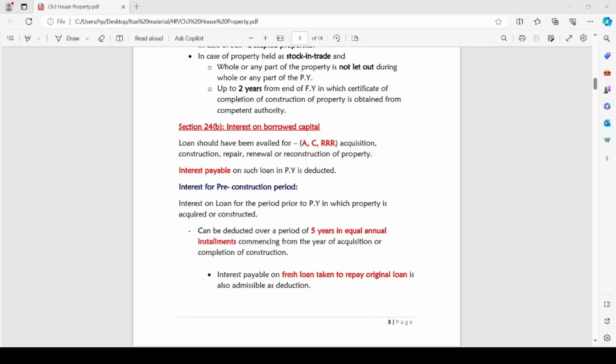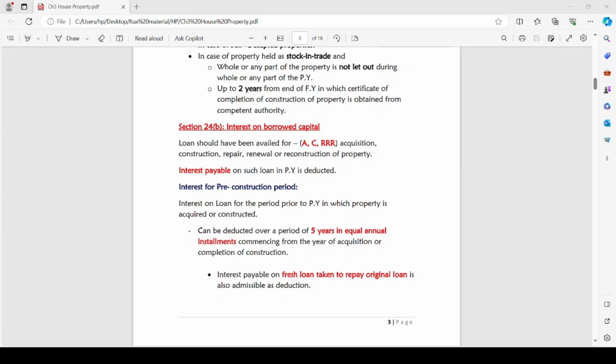That is, starting from the date of borrowing, the date of availing the loan, till the 31st March before the financial year in which the construction is completed. Such period is called pre-construction period, and the interest which has been paid or accrued during such period is called interest for pre-construction period.